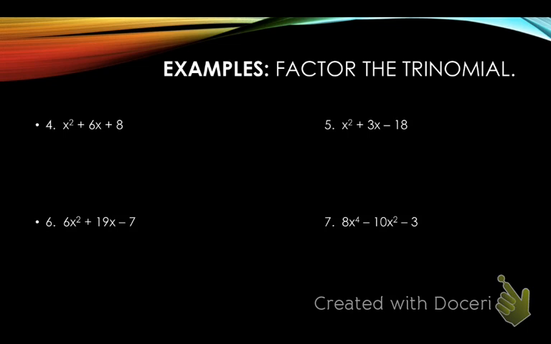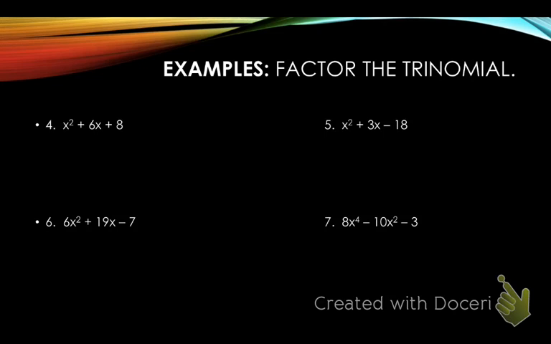Alright, so if we look at 7, what can we factor out? This one's a little bit different than the other 3, because we have an x to the 4th, an x to the 2nd, and then a constant. So it's not going to be as cut and dry as x squared plus 6x plus 8. Now, you treat these the same way.